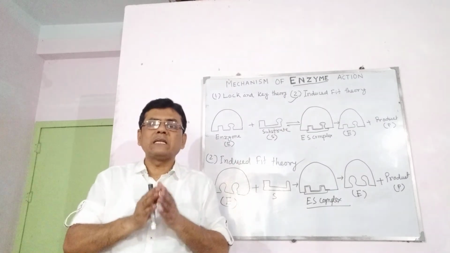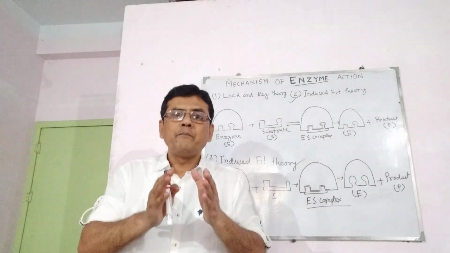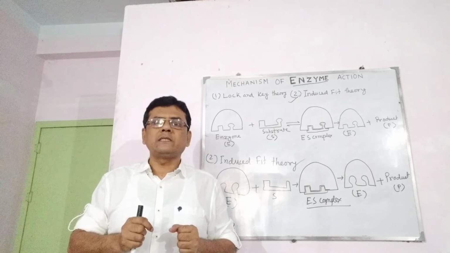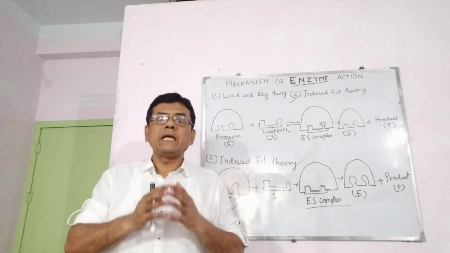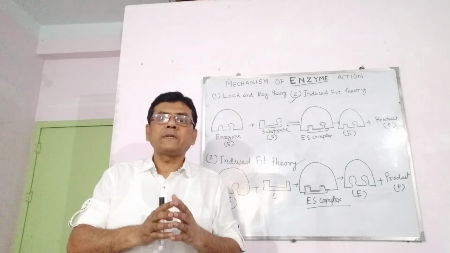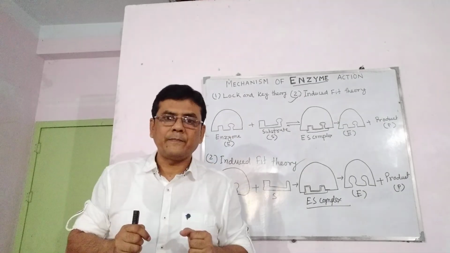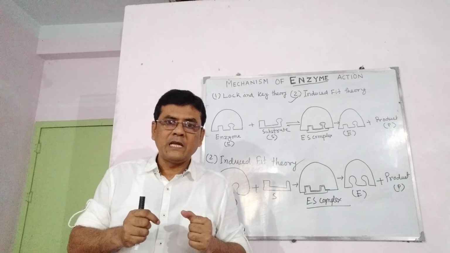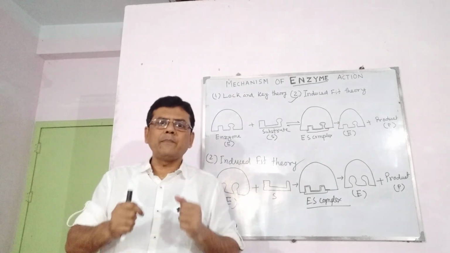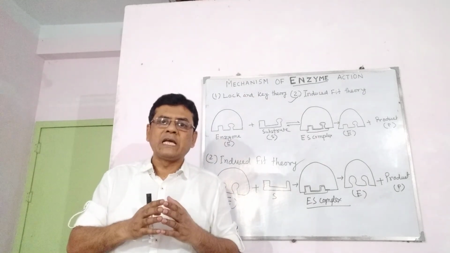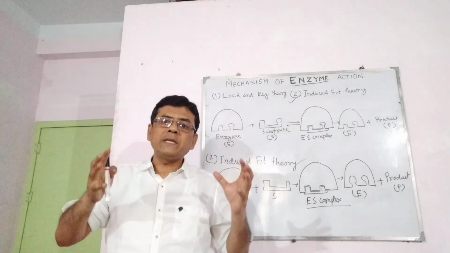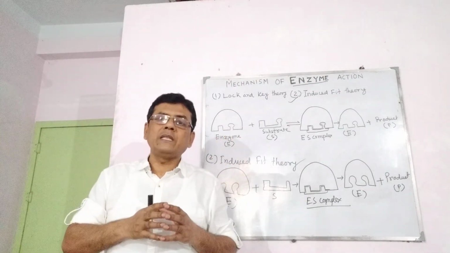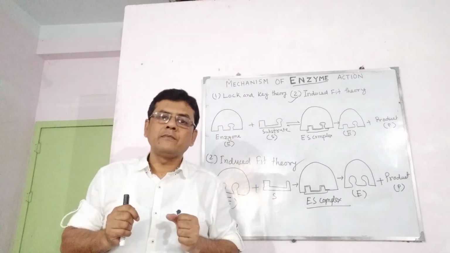The most suitable temperature for maximum enzyme activity is called the enzyme's optimum temperature. And the second is pH. Likewise, maximum enzyme activity is shown at its optimum pH, which ranges between 4 to 9.